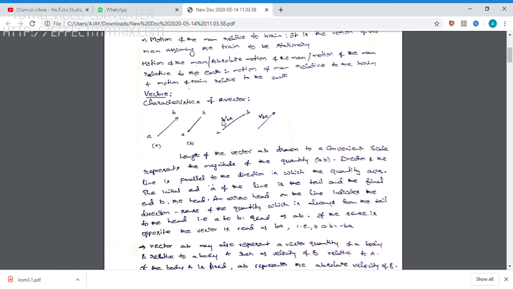In most cases we can write B suffix BA. Otherwise, in this particular case, we can simply write AB. AB means velocity of B relative to A, or VBA also. Here VBA means velocity of B relative to A.